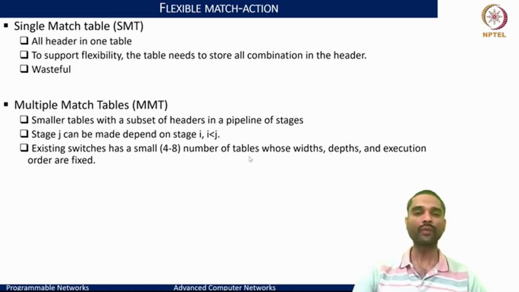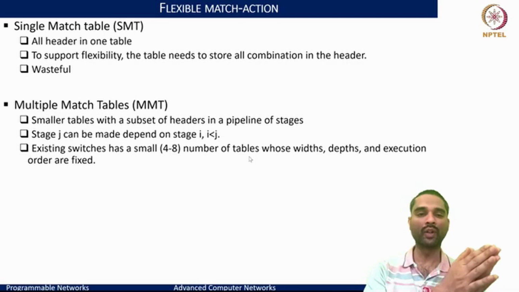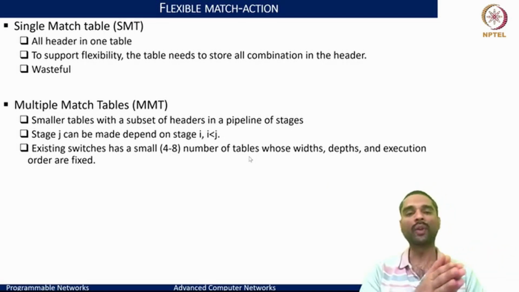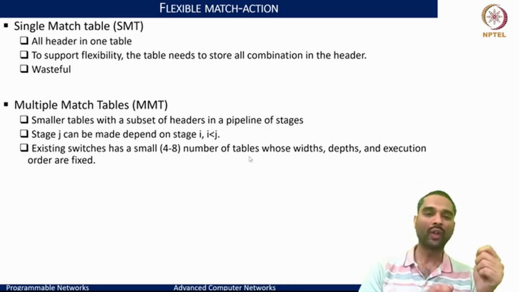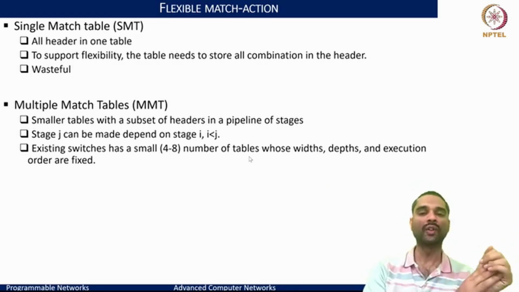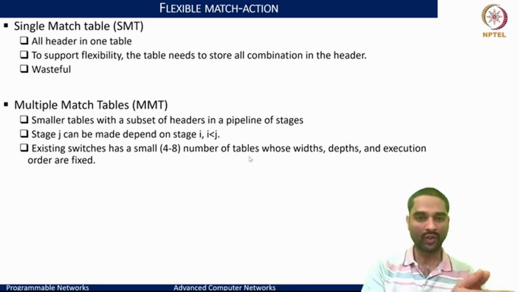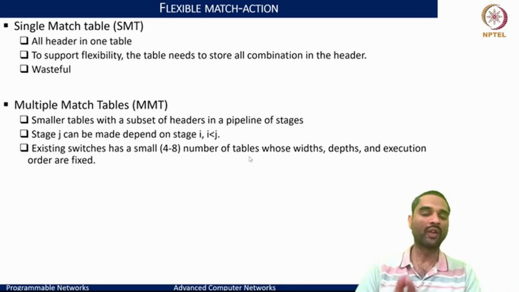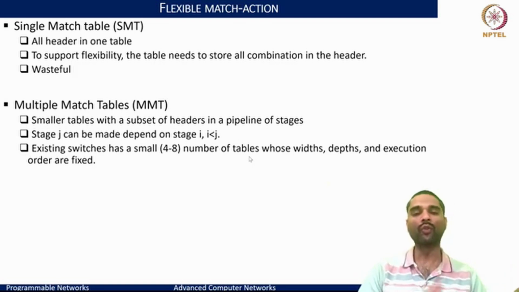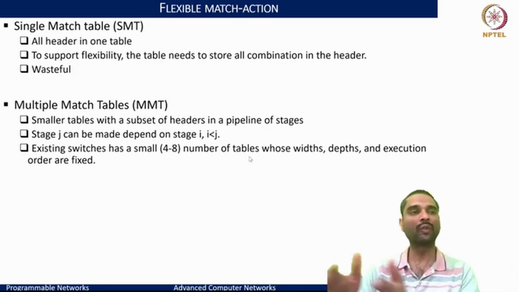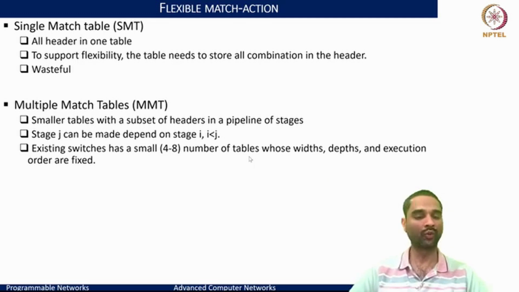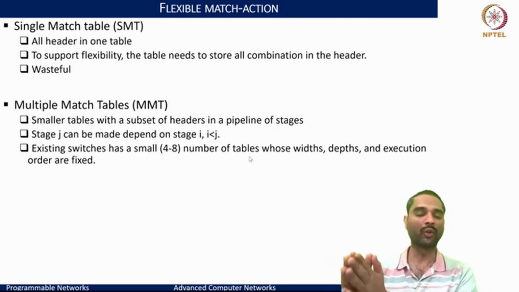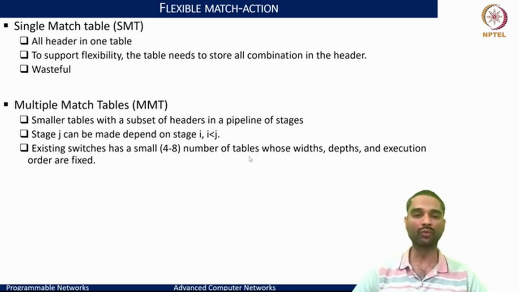This way, it ensured that you are able to do the processing in pipelined stages, wherein you can match on the header fields in a stage J, which can depend on the stage I, where I is always before the stage J, and you can process these stages in a pipeline, so it would get better optimization in terms of processing multiple packets as they go through.